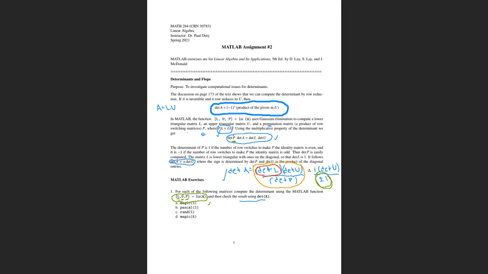Remember, multiplying a matrix by another matrix does a transformation, and the matrix P will simulate the row interchanges so that you're using the largest pivots in each column. Okay, Mikhail, does that answer that question?